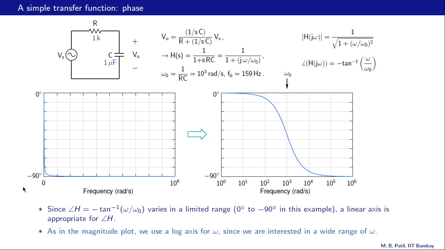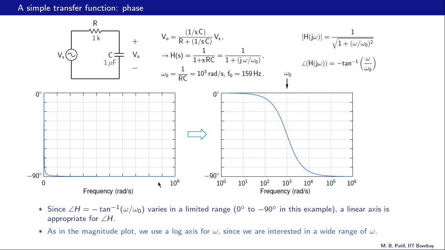Let us now talk about the phase of h as a function of omega. And if you recall, this is the relationship. Angle of h, or the phase of h, is minus tan inverse omega by omega 0. And omega 0, for our example, is 10 raised to 3 radians per second. Now the left plot here shows angle of h versus frequency with linear axes.